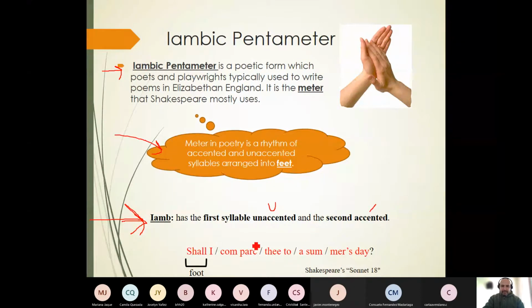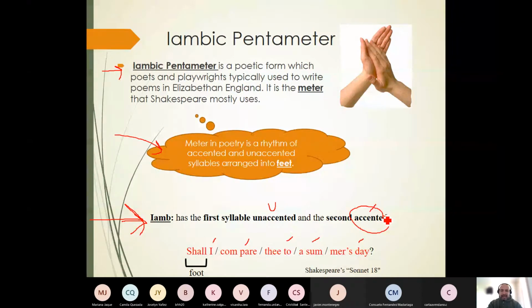In this example from Sonnet 18, this example at the bottom is taken from Sonnet 18, right? You can read it like this. Shall I compare thee to a summer's day? So those are the accented syllables.